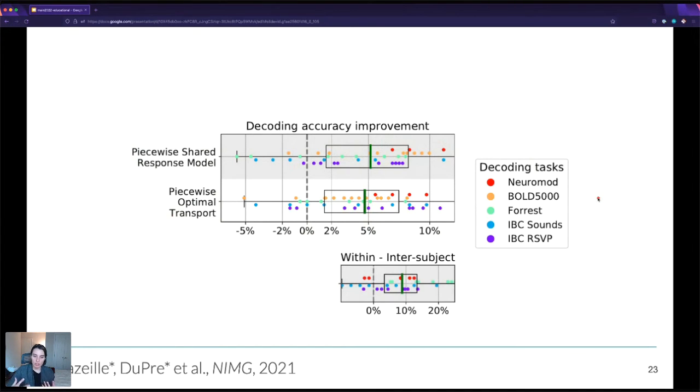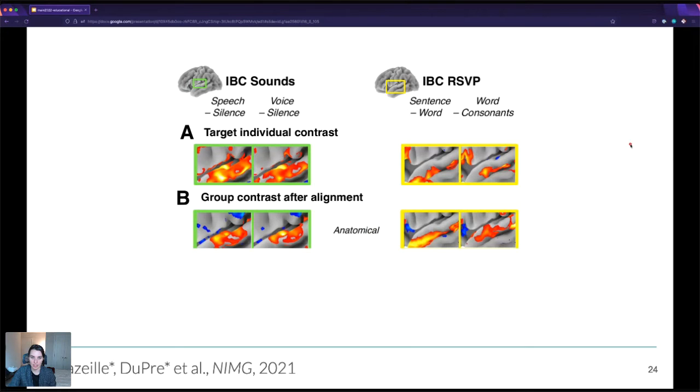If we looked at within subject decoding minus intersubject decoding, to see how much we lose when we move from the individual to the group, we'd see that we lose about 8.5% of decoding accuracy. So the gain of these performing methods is a little over half of what we normally lose to group variability. This is pretty impressive in terms of gains.